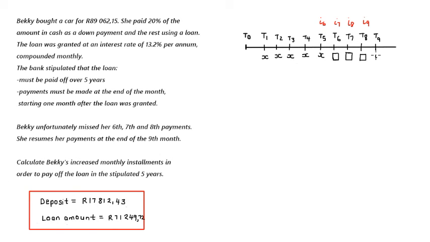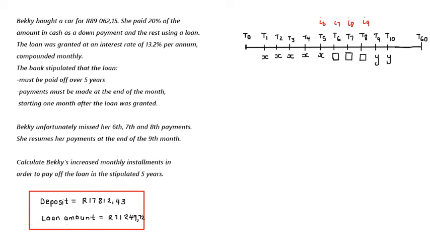But now this is going to be a new monthly installment, and we'll just indicate it with a variable y. Then she's going to continue making these variable y payments, and it's going to span all the way up to, well, she has to finish this in 5 years. So 5 times 12 is 60 payments that she has to make in total.